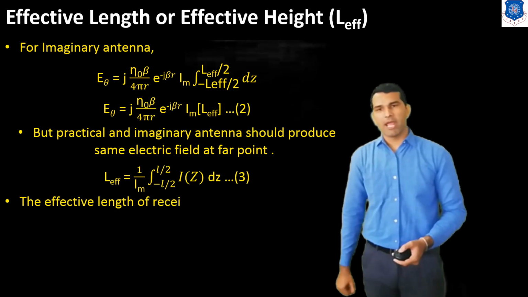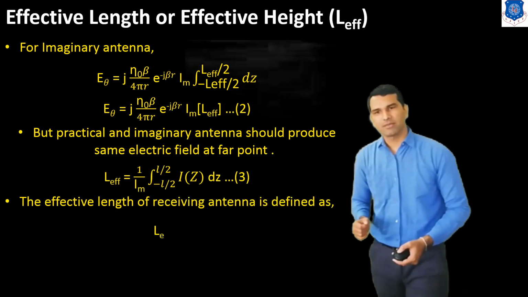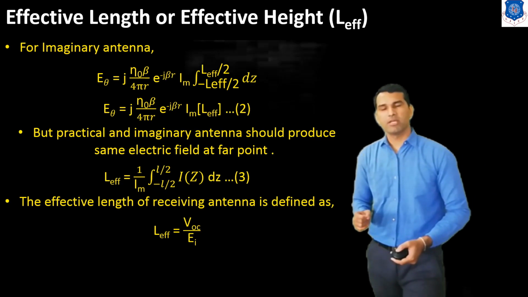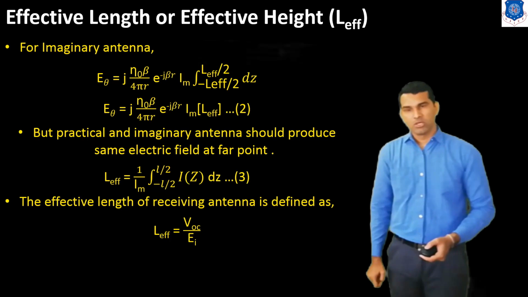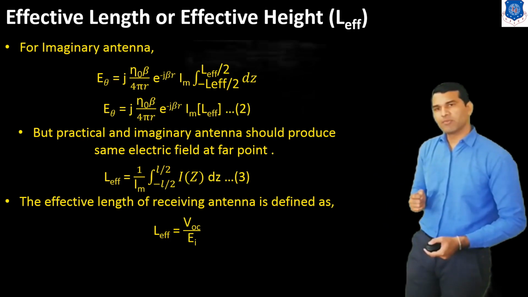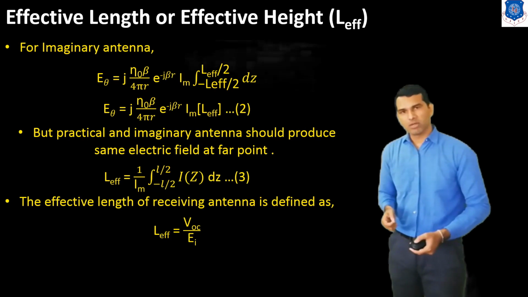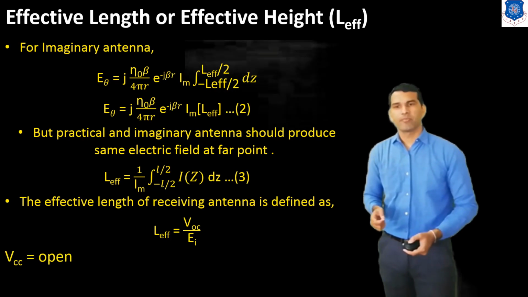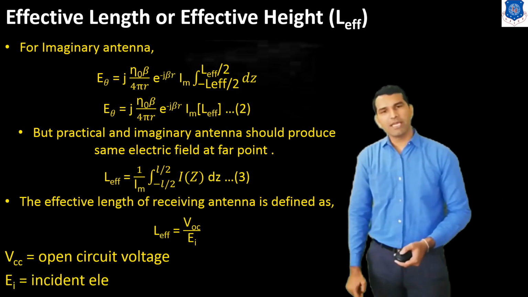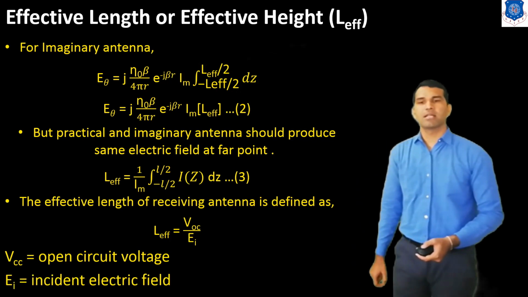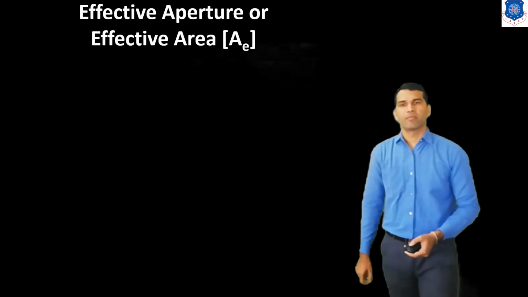The effective length of a receiving antenna is defined as L effective equals VOC upon E, or in the form VOC upon EI, where VOC is the open circuit voltage and EI is the incident electric field. So this is the effective length.